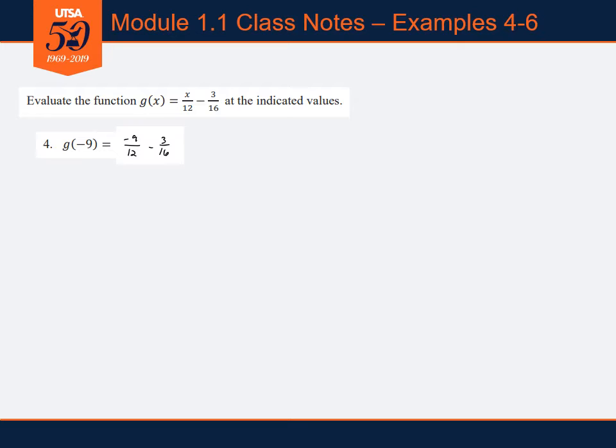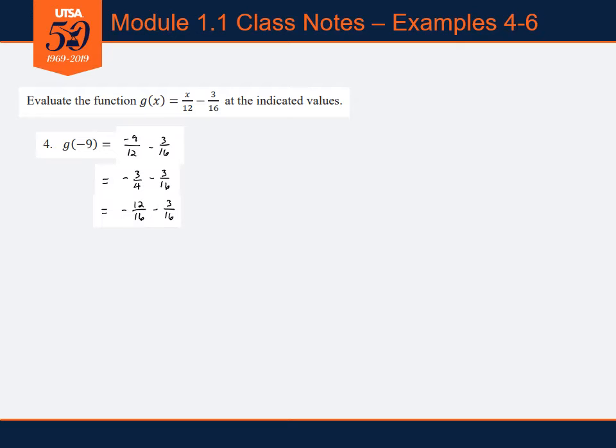Instead of x over 12 minus 3 over 16, I've got -9 over 12 minus 3 over 16. So I've input -9 in place of x. From there, I'm just going to do the math of reducing 9 over 12 to 3 over 4, so that now I've got -3 over 4 minus 3 over 16. And then to subtract fractions, I need a common denominator, which in this case will be 16.